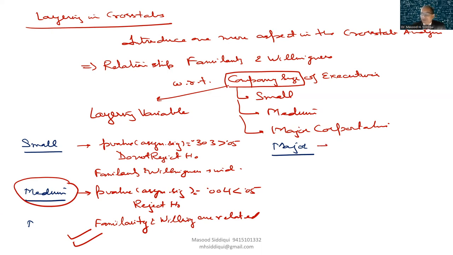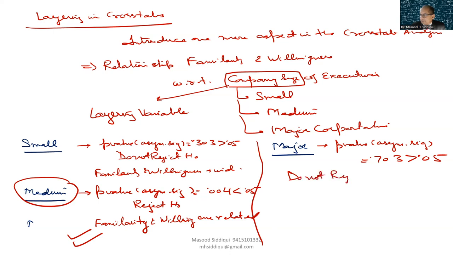Now, if we come to the major corporation part, here the p-value, or asymptotic significance, as mentioned in the output, is 0.703, which is greater than 0.05. So we do not reject H naught.